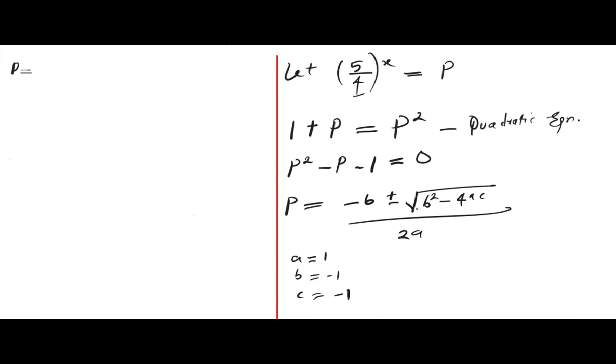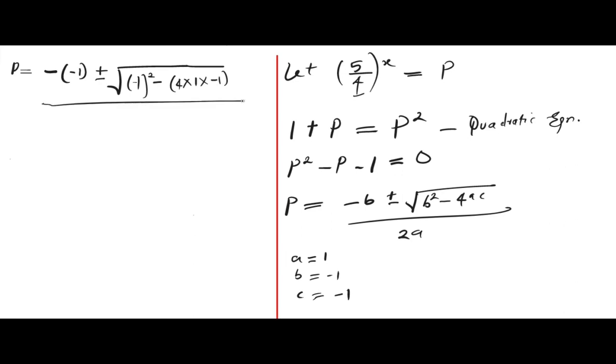So we have negative of b, which is negative 1, and we have this negative sign here, plus or minus root of negative 1 all squared minus 4 times 1 times negative 1, divided by 2 times 1.